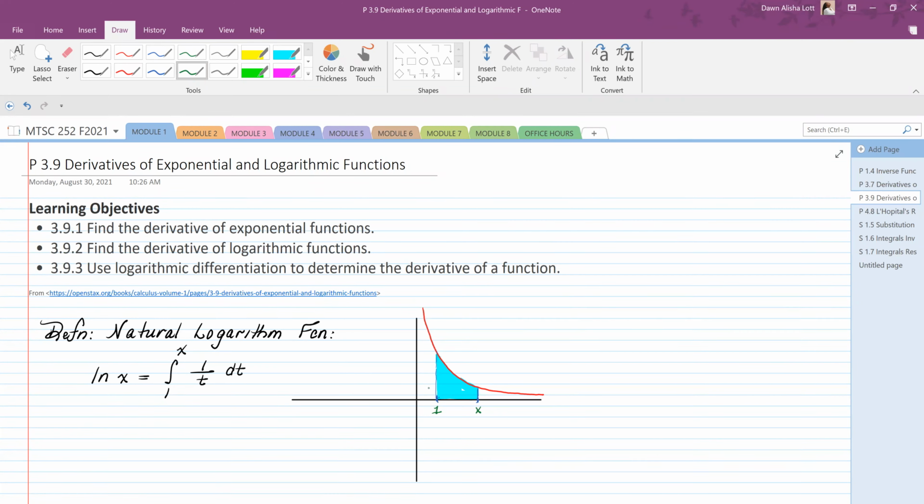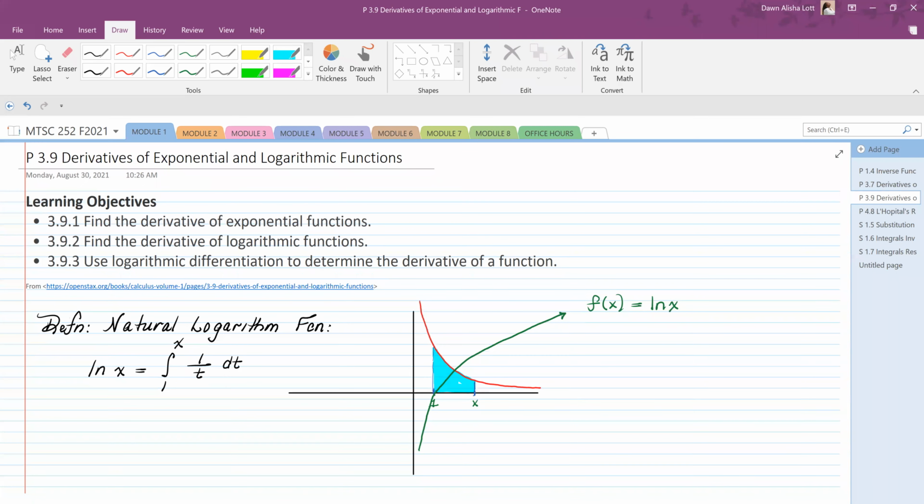So clearly at 1, the logarithm function is actually just 0. So the logarithm function does like this, and it just grows. So this is f of x is equal to the natural log of x. So it is just to calculate the area under the curve up to some value of x.